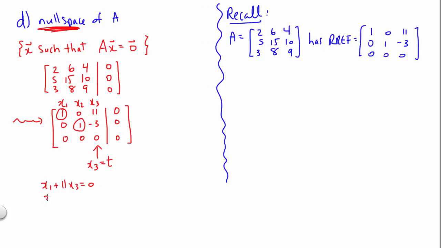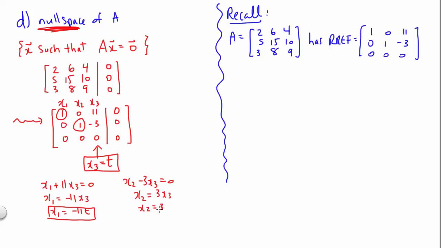So with a little bit of rearranging, x1 is equal to negative 11x3. In other words, x1 is equal to negative 11t. I think I'll put a box around this information so it's easy to find in a minute. Middle row tells us that x2 minus 3x3 equals 0. In other words, x2 is 3x3, which is equal to 3t.